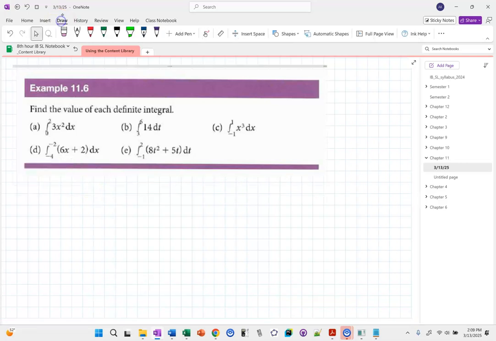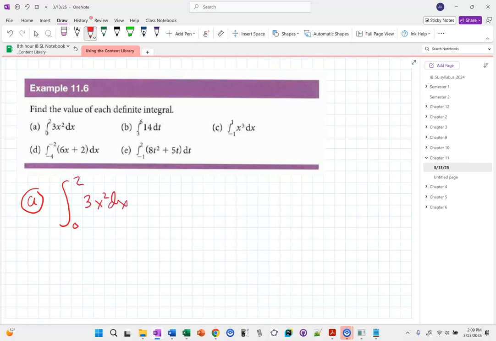All right. So let's do a couple of these. Everybody's okay? So I'm going to first start by doing the antiderivative of 3x squared, but it gets no c. What's the antiderivative of 3x squared? X cubed.